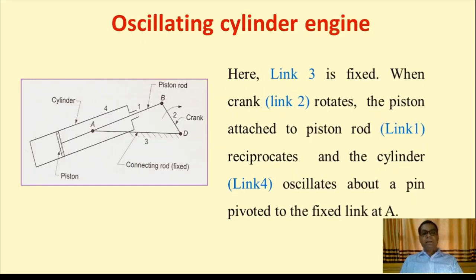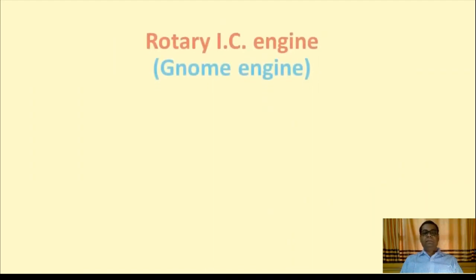When the crank, that is link 2 or BD, rotates, the piston attached to the piston rod, considered as link 1 or AB, reciprocates, and the cylinder, which is link 4, mind it, link 4, oscillates about a pin at point A, which is pivoted. Okay, so this is called the oscillating cylinder engine.